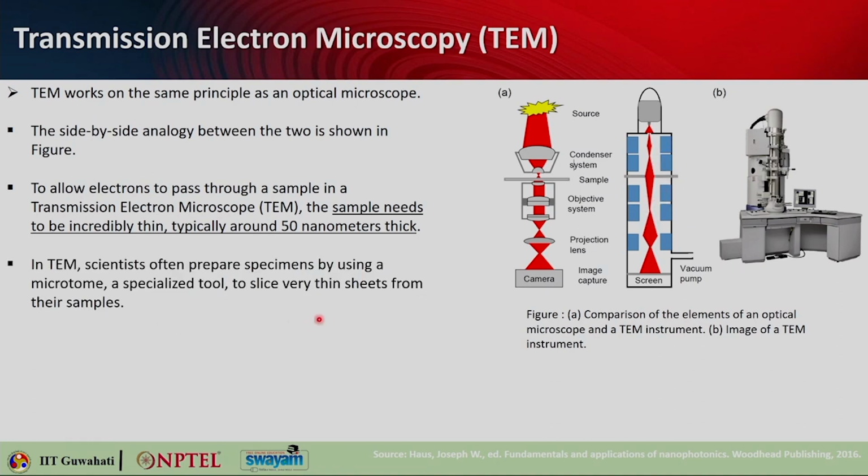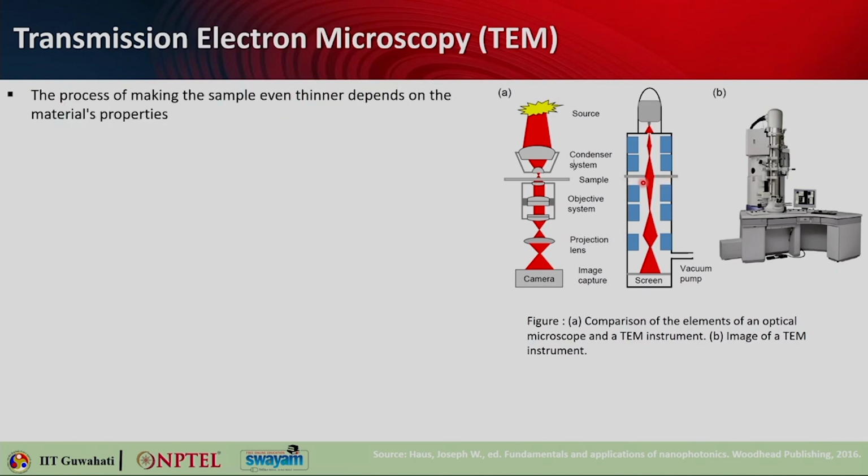In TEM, scientists often prepare specimens by using a microtome, which is a specialized tool that can slice very thin sheets from their samples, and these sheets are then placed on a grid that conducts electricity, and the process of making the sample even thinner depends on the material's properties.